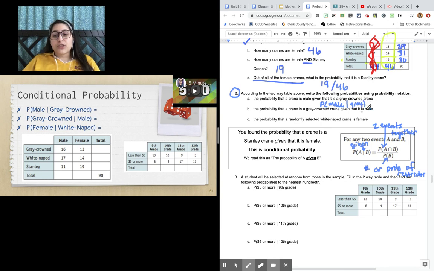The restrictor category always comes second, always, always, always. So if I go back up to my table, I'm saying, okay, gray crowned.